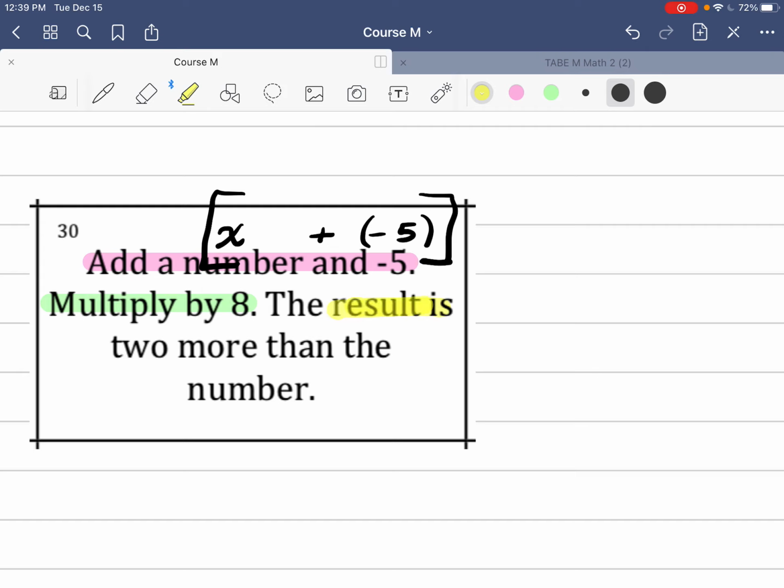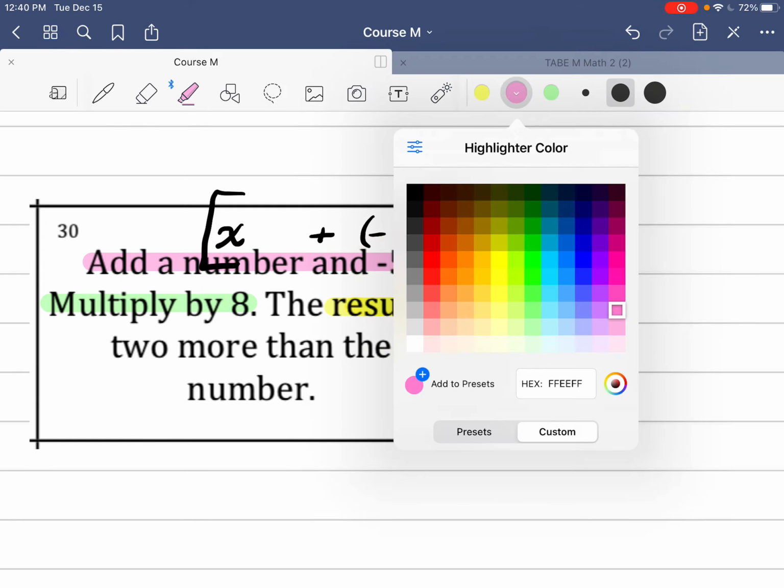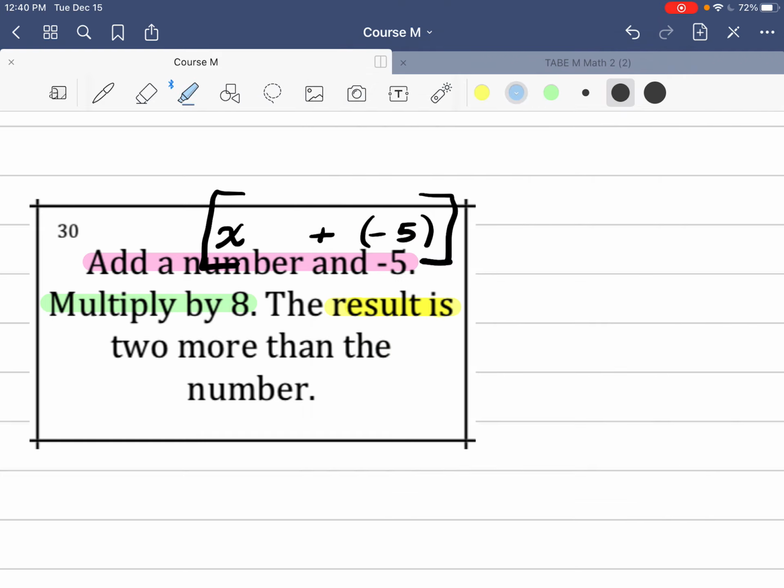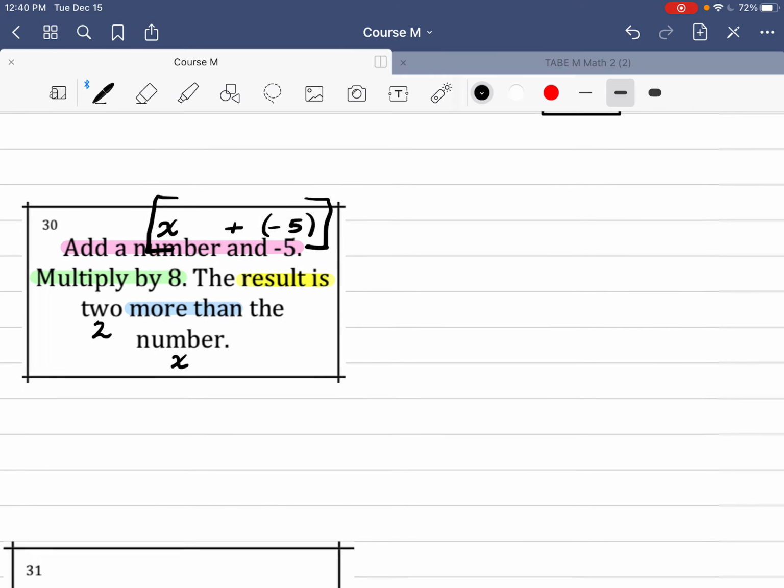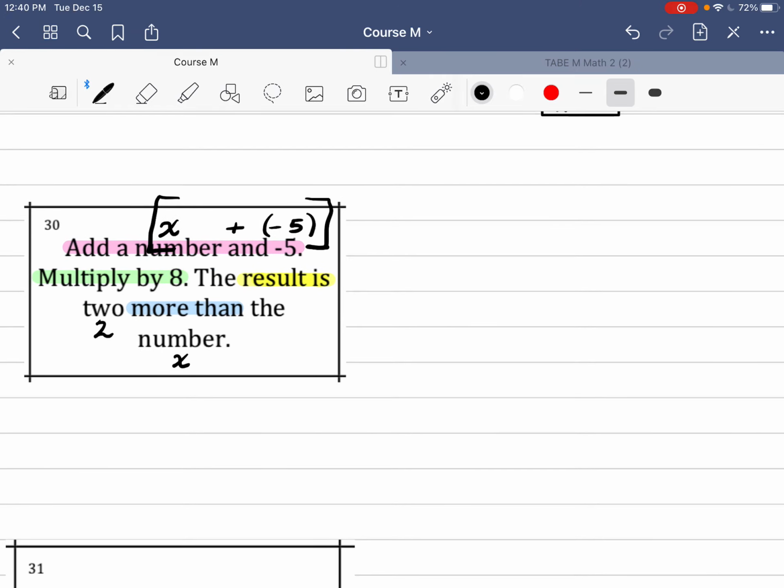The result is 2 more than the number. More than is reverse. So 2 and number, and we're going to reverse those. So this is what this problem looks like. This is a tough one.